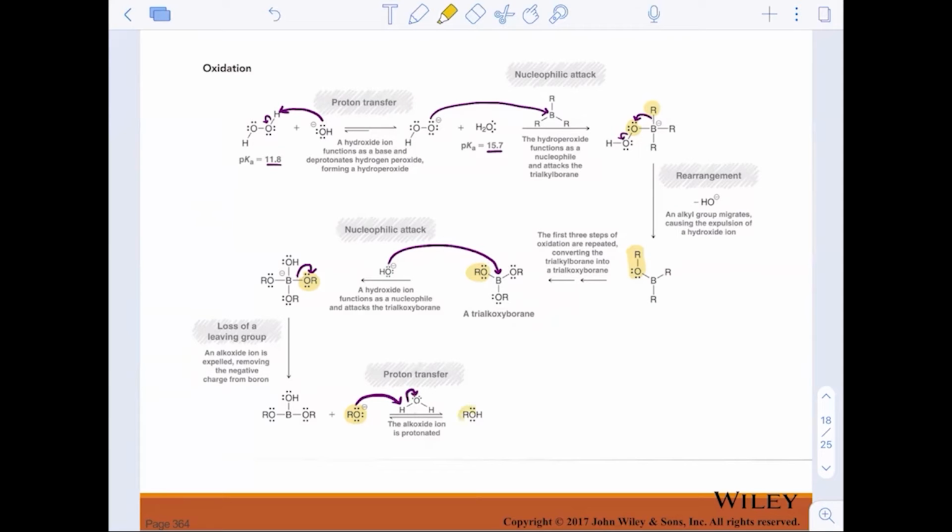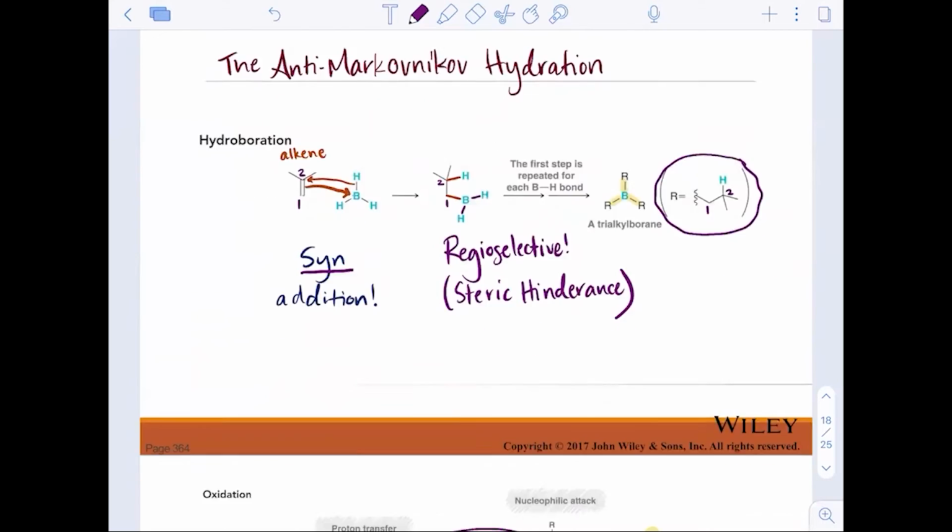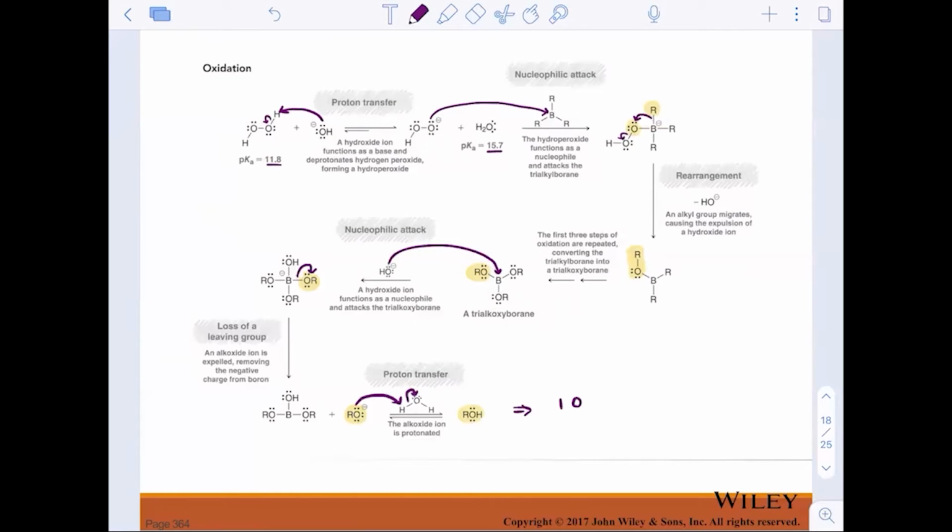At the end of the day, that's what we are making in this reaction. And remember that R group is our final product that we had up here, right? This R group now has a hydrogen on carbon number 2 and an OH on carbon number 1.